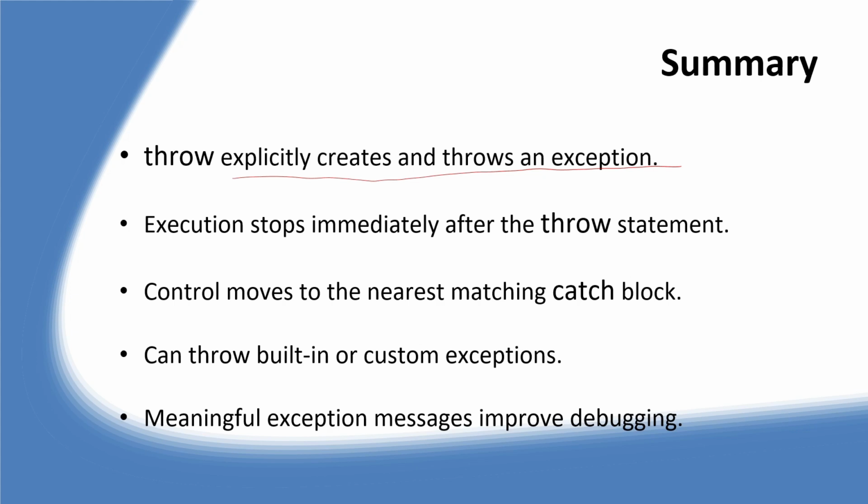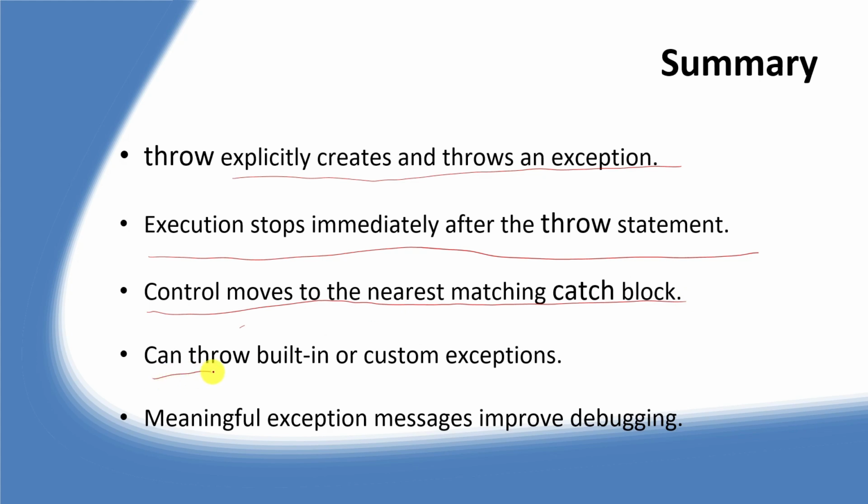So for that usage, we are using the throw keyword in Java, and explicitly we are throwing an exception. Execution stops immediately after the throw statement if we are not handling the exception. And if we are handling the exception, then control moves to the nearest matching catch block.